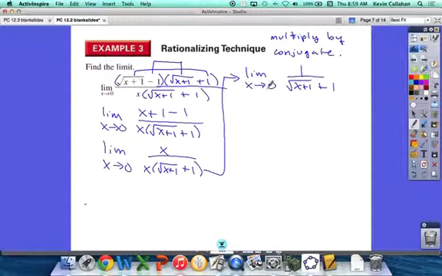What will we get if we plug in a 0 here? What is it? What's that? I know, but what's the whole thing equal? 1/2, right? That's going to be 1 over the square root of 1 plus 1, which is 1/2.